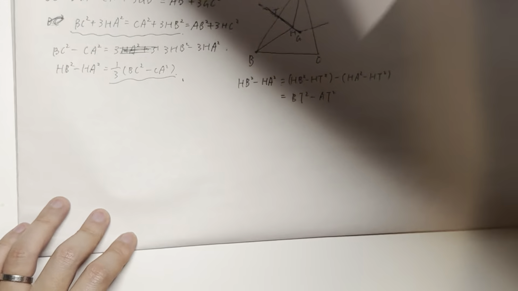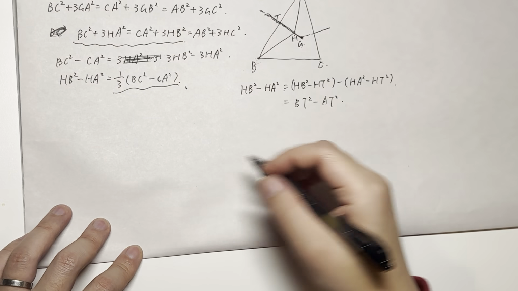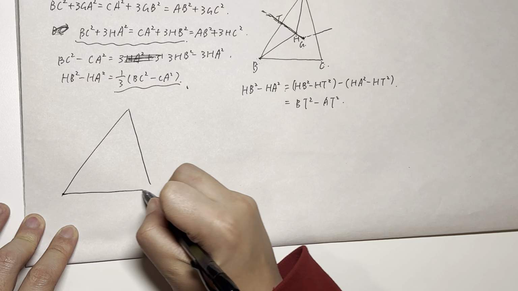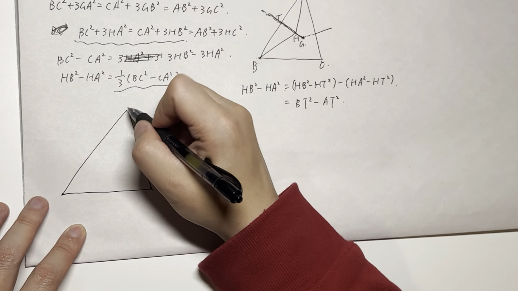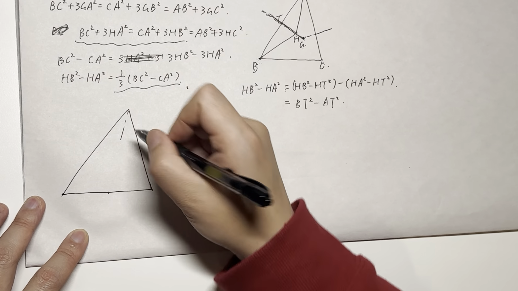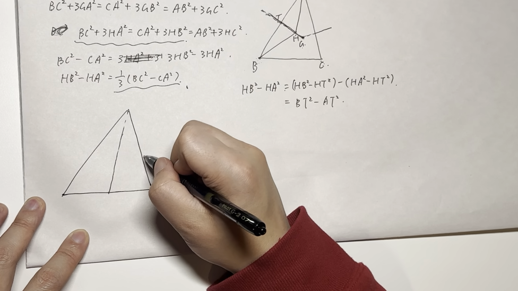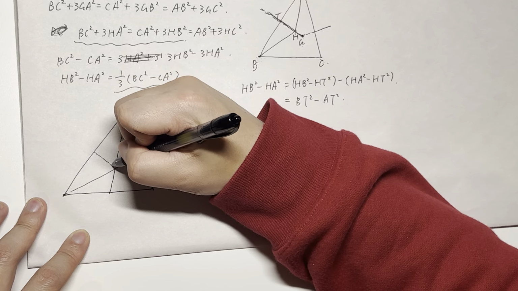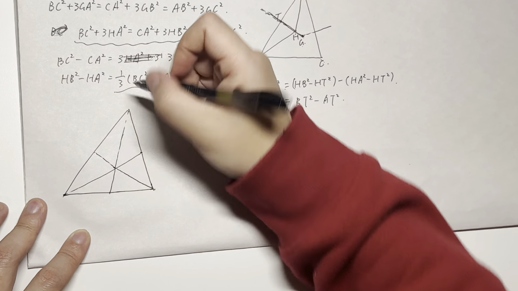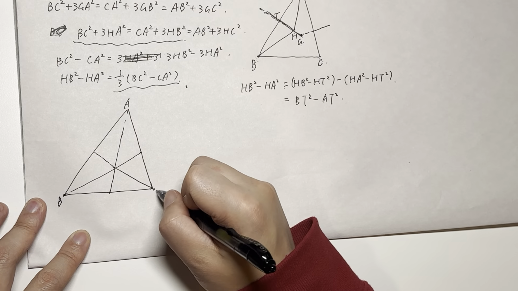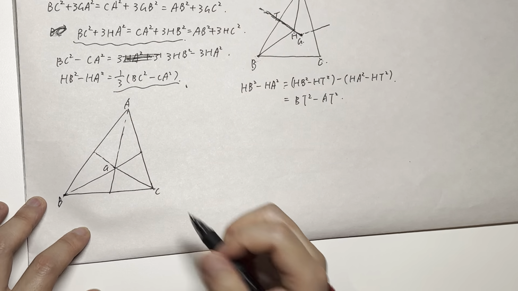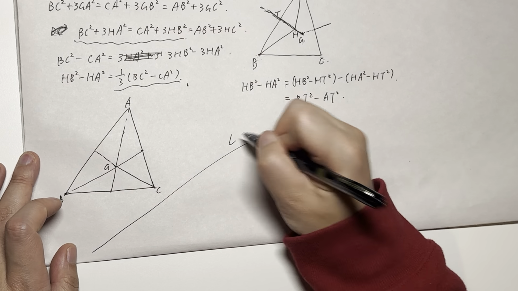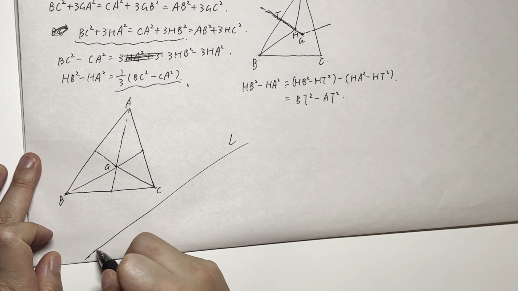Okay, so we have the centroid here, A, B, C, G, right? And this is a line we're looking at.